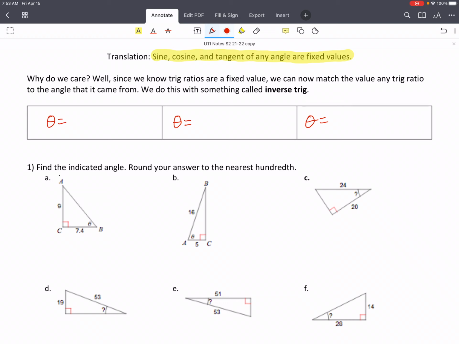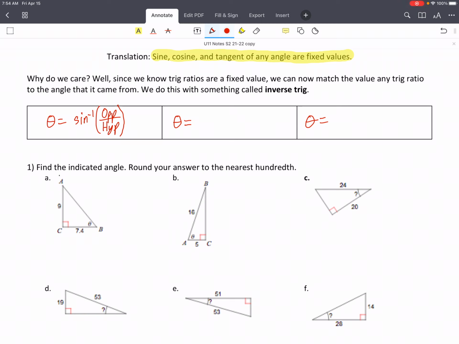When we started off, we had sine, which was our opposite side divided by our hypotenuse. The inverse of sine, we write as sine to the negative 1, and we say the inverse sine of opposite over hypotenuse. So theta is equal to the inverse sine of opposite over hypotenuse.